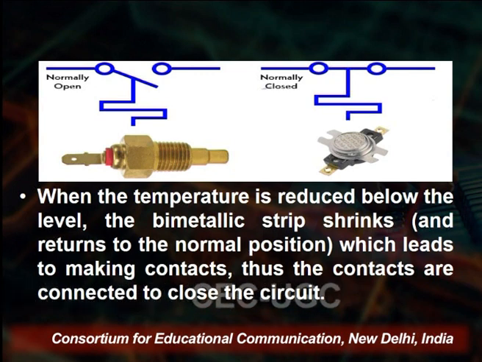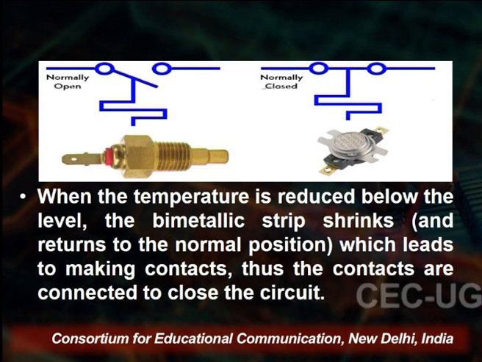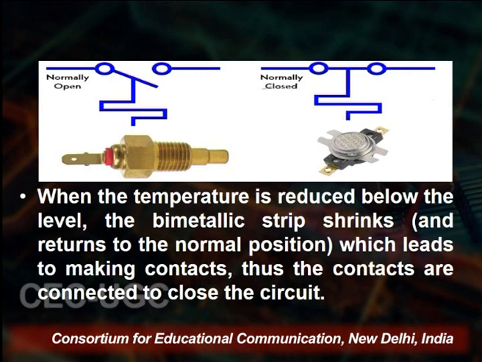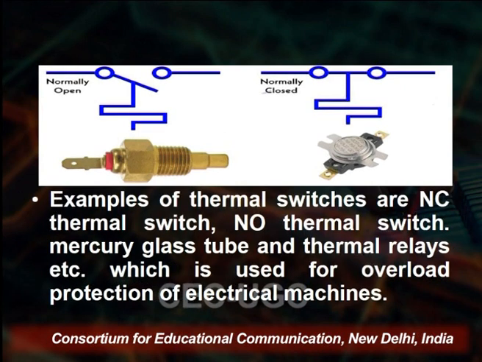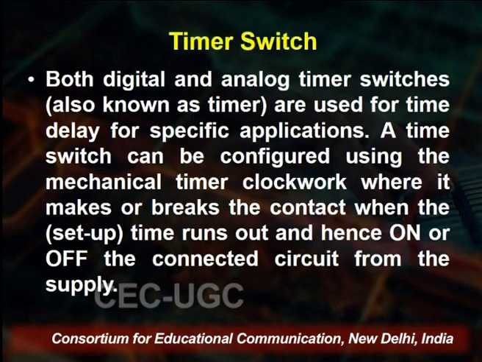On the upper side, the left hand side is an open circuit, the right hand side is a connected circuit. These are the temperature and thermal switches. Examples are the NC thermal switch and NO thermal switch, mercury glass tube and thermal relays, which are used for overload protection of electrical machines.